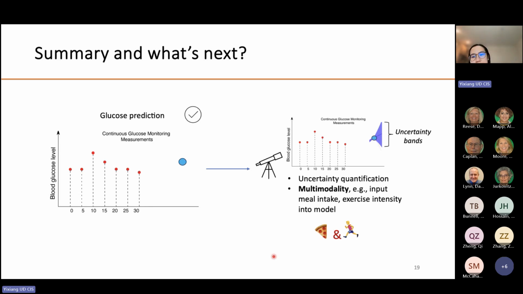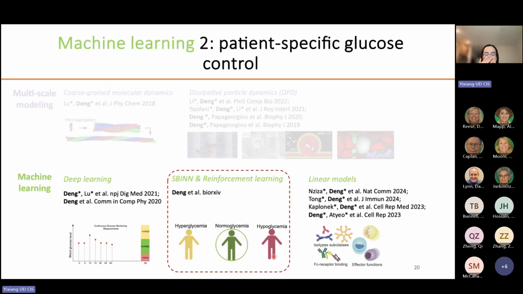And second is the multimodality nature of diabetic management. For example, nowadays with the prevalence of Fitbit or Apple Watch, you can have a lot of input like meal intake and exercise intensity, which can be further incorporated into the model to improve the accuracy.